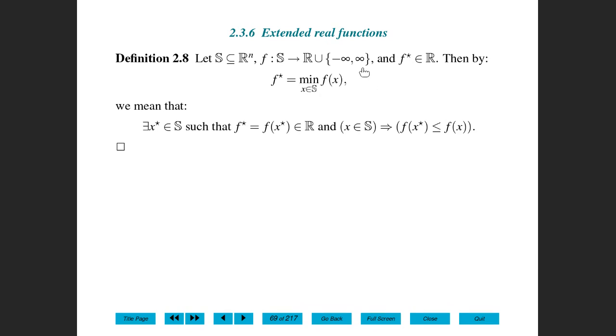Okay. So the function, if you see the first part, there is no difference. The only thing is, we are specifically taking into account minus infinity and infinity, and we say that f star always indicates the minimum, just like x star indicates the minimizer.